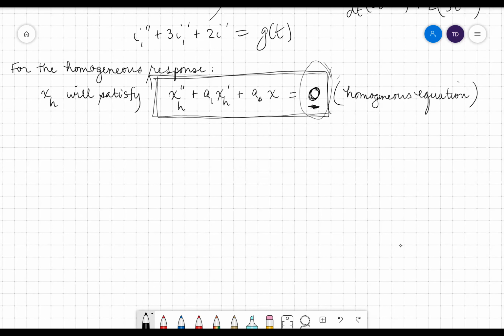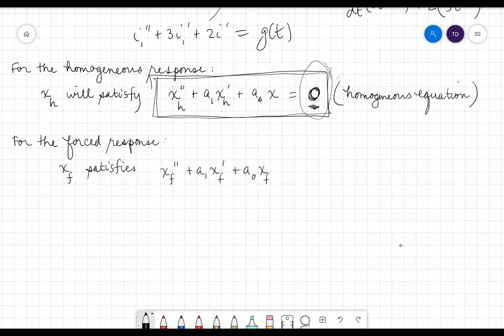Okay? For the forced response, this is going to sound stupid, but for the forced response, X sub F satisfies XF double prime plus A1 XF prime plus A0 XF, and I missed an H up here.